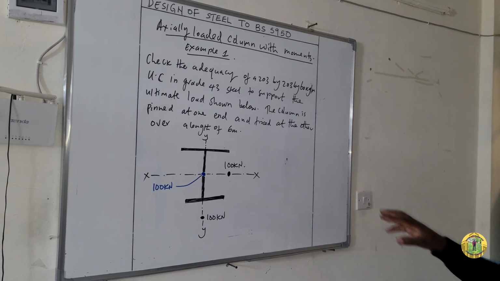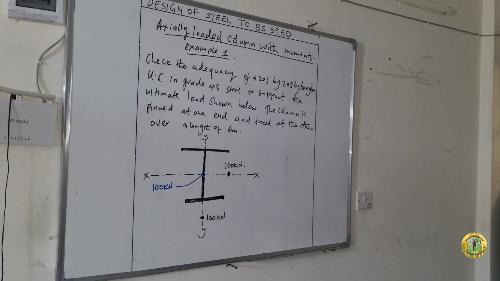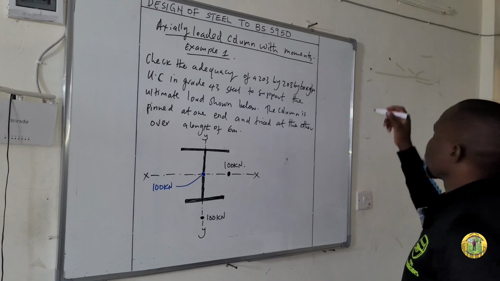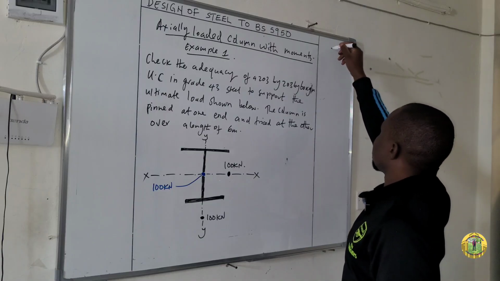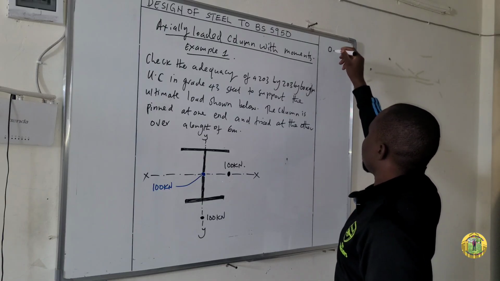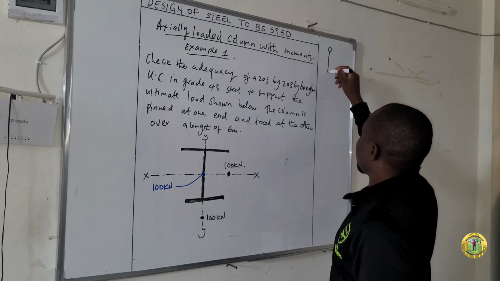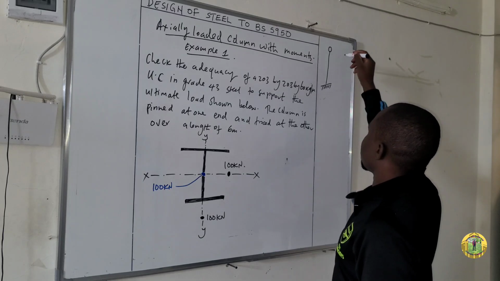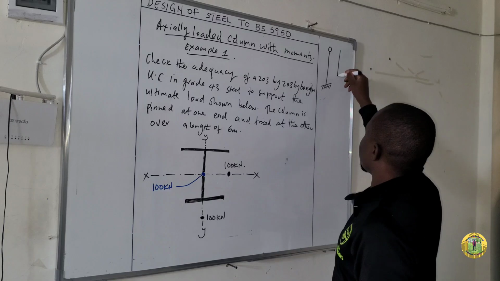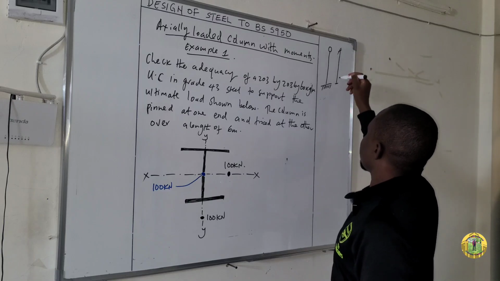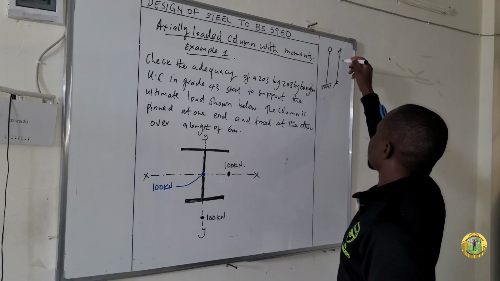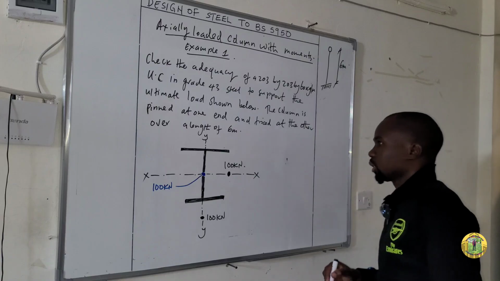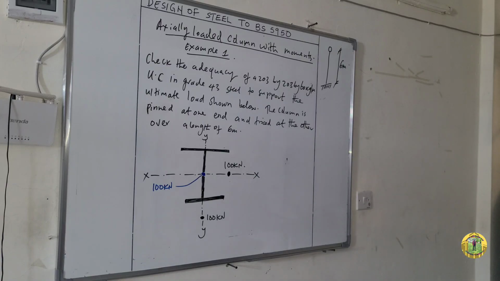So before we begin solving this question, let's capture the most important information on this column. The column is pinned at one end and fixed at the other end. The length of the column is 6 meters.